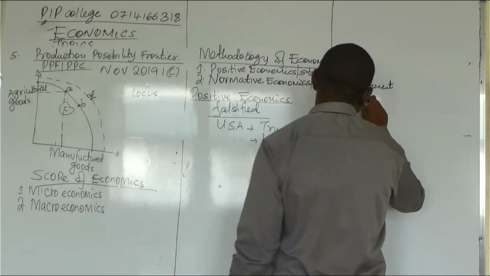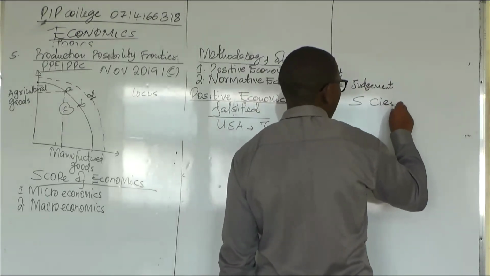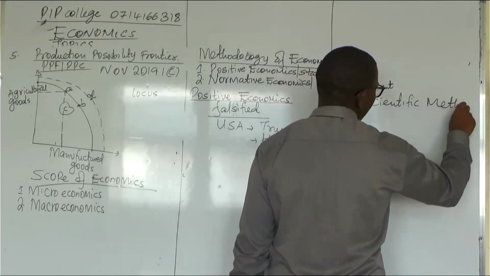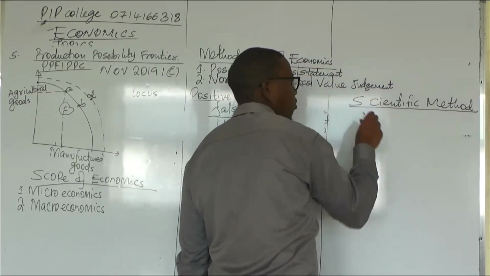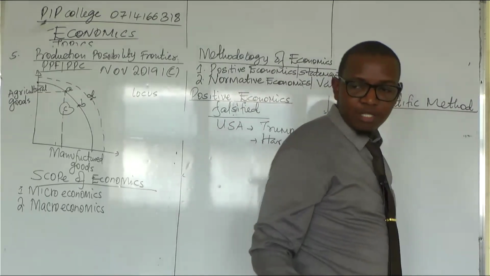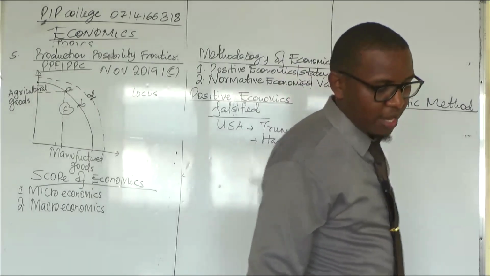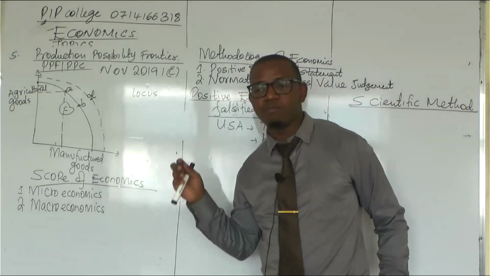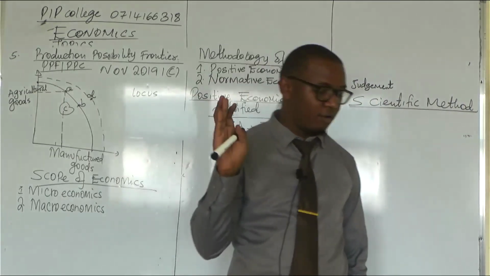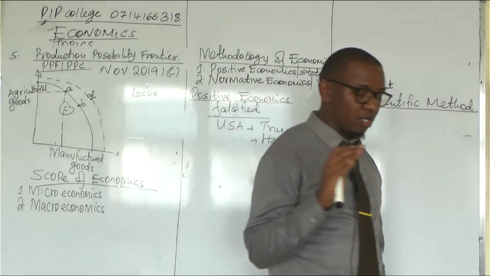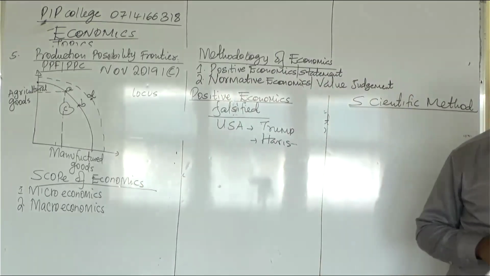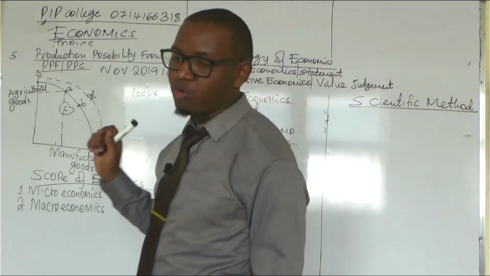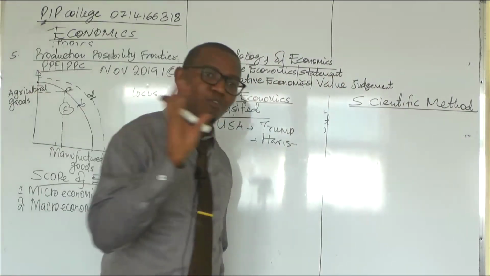So in our next class, I will come and talk about the scientific method. Now that we say that economics is a social science, one of the main objectives of a science is to develop what we call theories. So we'll know the process of developing a theory.